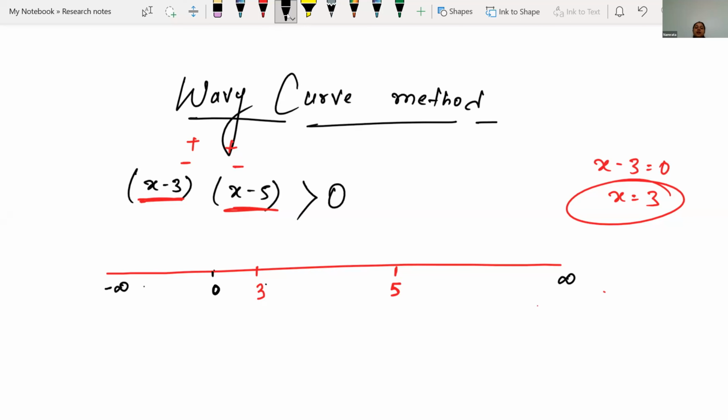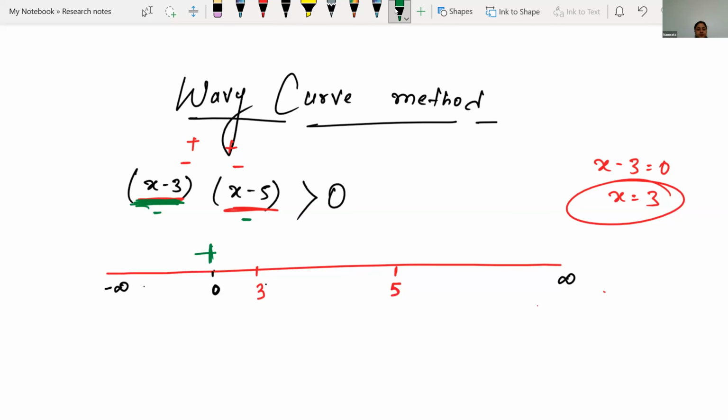So if we take 0, we will be able to analyze without even writing everything. The first bracket x minus 3, if you take 0, will be negative, right? Yes, ma'am. And this will also be negative, right? Yes, ma'am. So here you are getting a positive value.